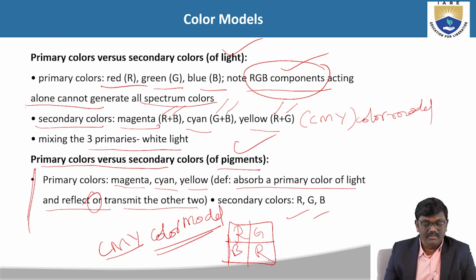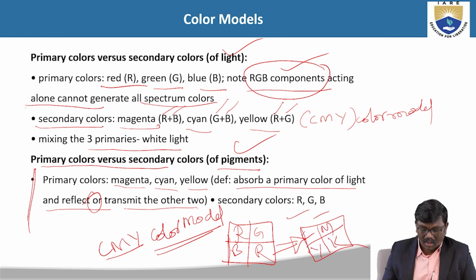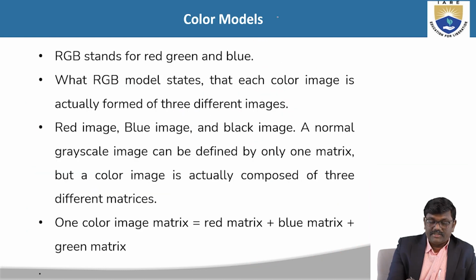You are transforming your image to CMYK, that is CMY and K. How do you transform this? Your colors pass between primary and secondary color processes. Understand?